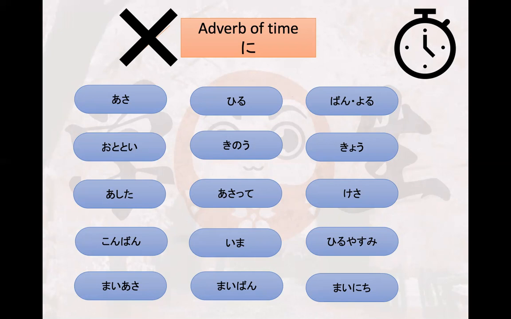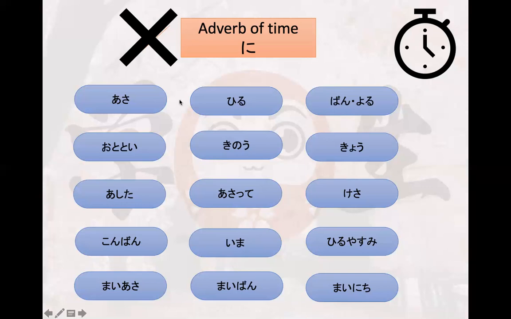Ngayon, how about in the case of days of the week? Lalagyan ba natin siya or hindi? Actually, optional yon. Pwede mo lagyan, pwedeng hindi. Depende sa feel mo. Okay? Pero itong mga to, nevertheless, cannot be put particle ni. Okay?